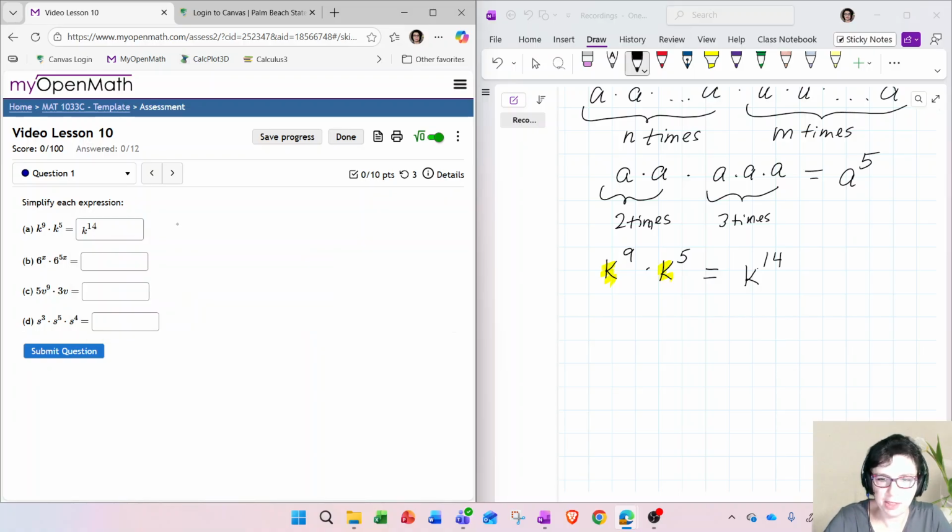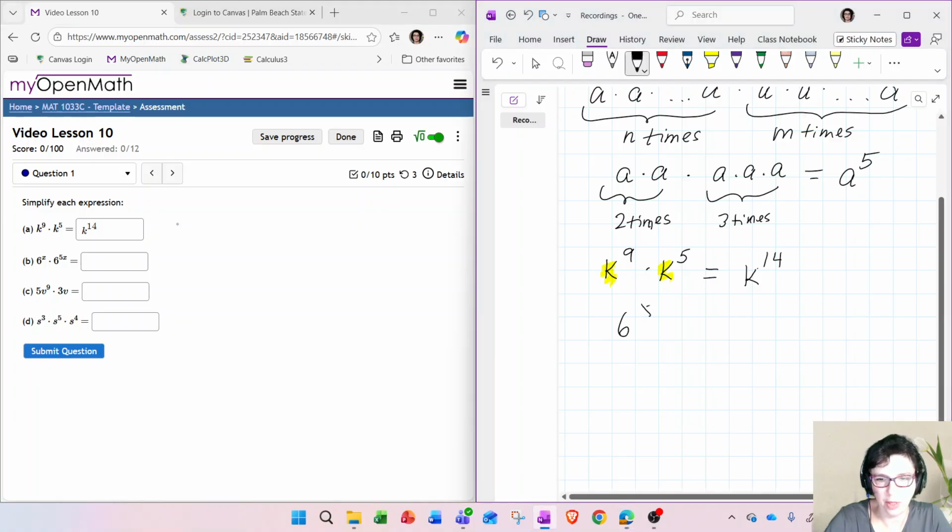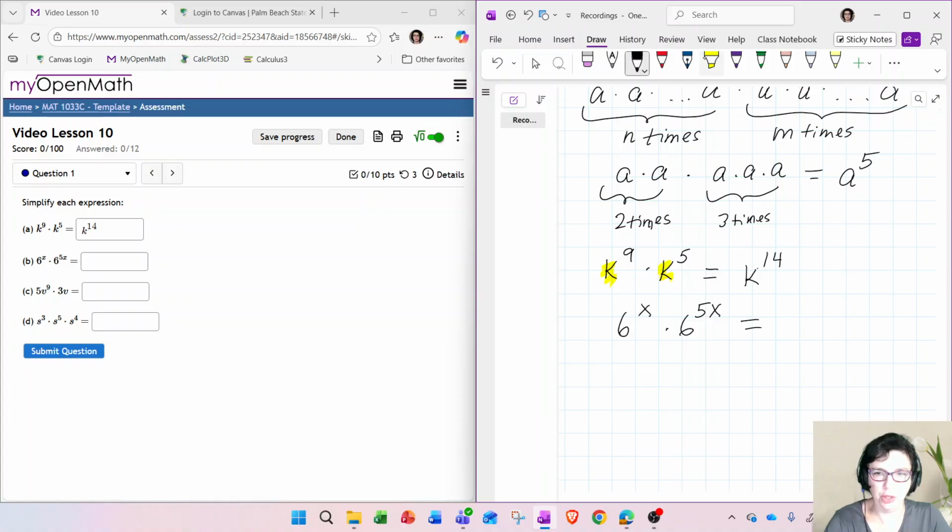Okay, the next one is 6 to the power x multiplied by 6 to the power 5x. Okay, first check to make sure that the base is the same, and it is the same, so that's good. Then we are going to add the powers, x plus 5x. However, these are like terms and we can combine them.